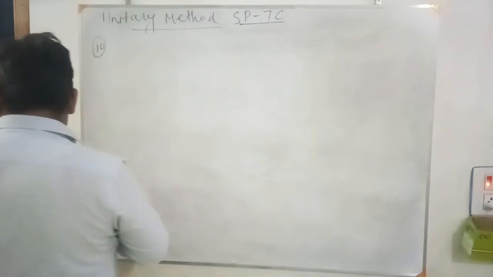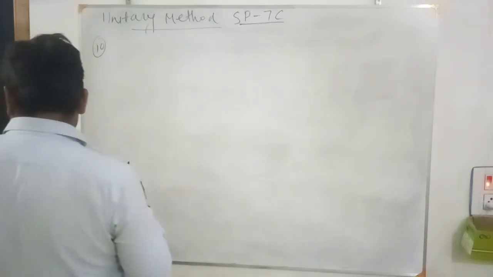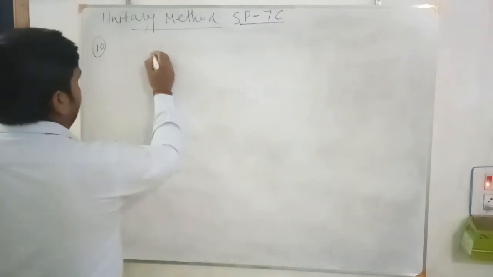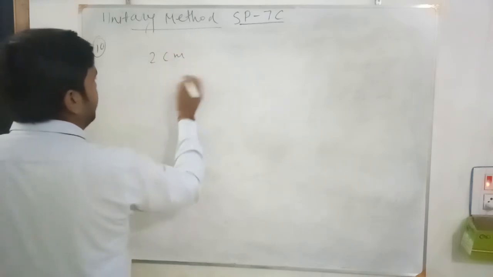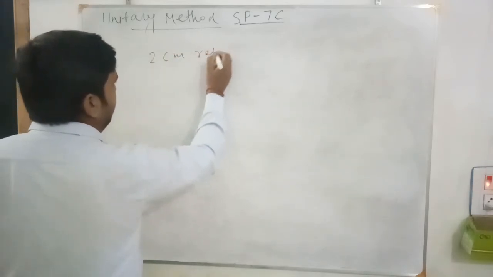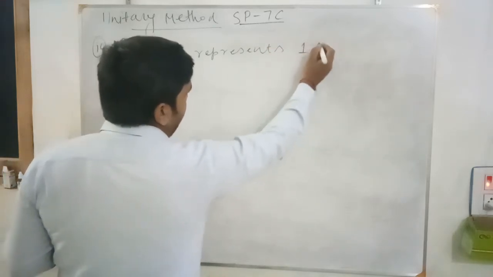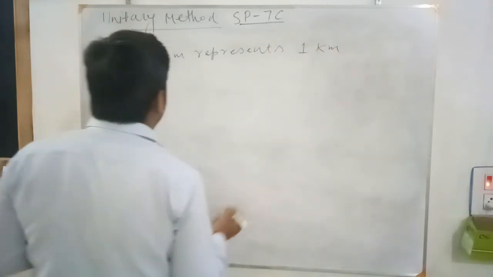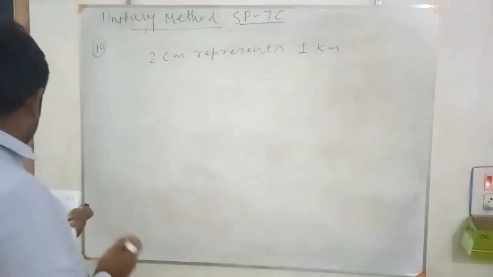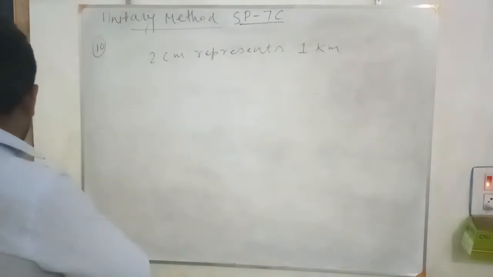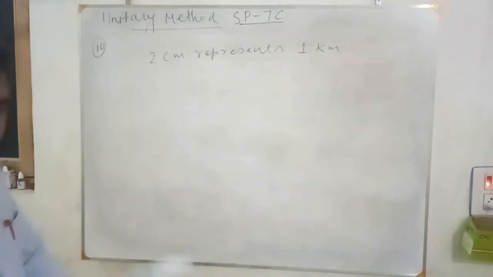So on a certain map, 2 cm represents 1 kilometer. So the ratio you can find. And what area does 20 square centimeter on the map represent?